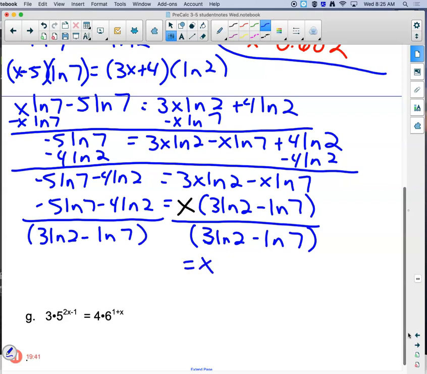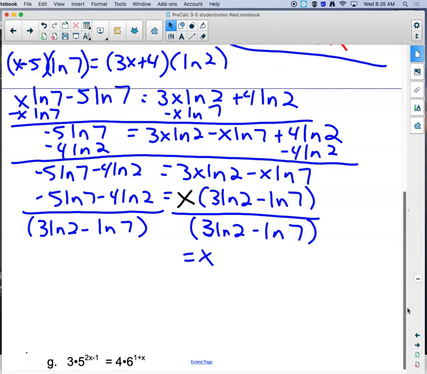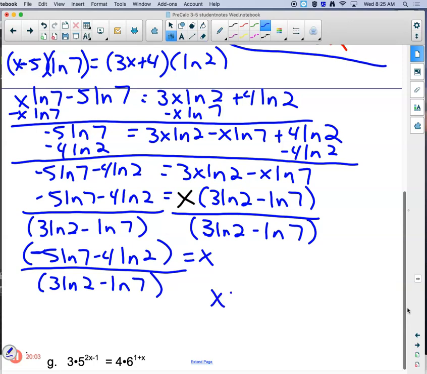All right, so we're going to have a beauty to punch in this time. Still need more room. Alrighty, so negative 5 natural log of 7 minus 4 natural log of 2 divided by 3 natural log of 2 minus the natural log of 7.